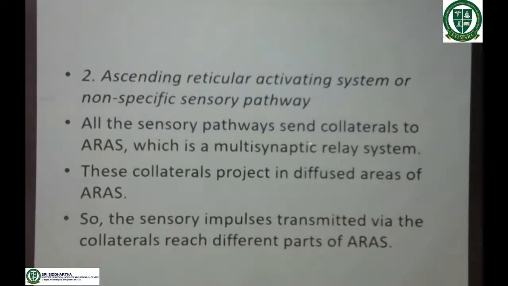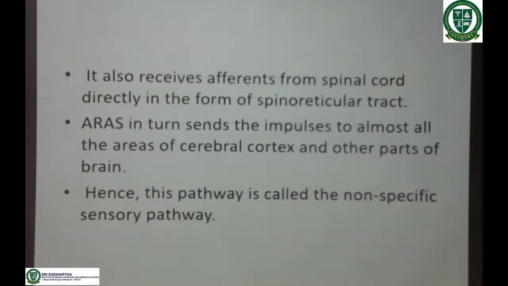All the sensory pathways send collaterals to the ARAS, which is a multi-synaptic relay system. These collaterals project to diffuse areas of the ARAS. So the sensory impulses transmitted via the collaterals will reach different parts of the ARAS.